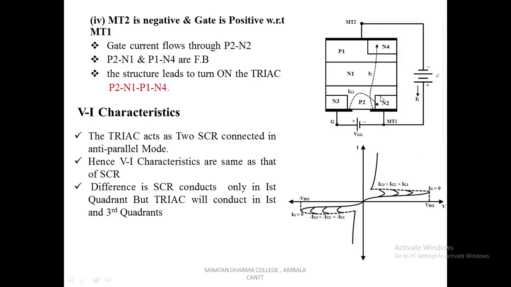So the current is flowing in both conditions, when we have applied the positive terminal at MT2 with respect to MT1, or the positive terminal at MT1 and negative at MT2. In both cases the current flows, but only when the voltage is more than the breakover voltage.